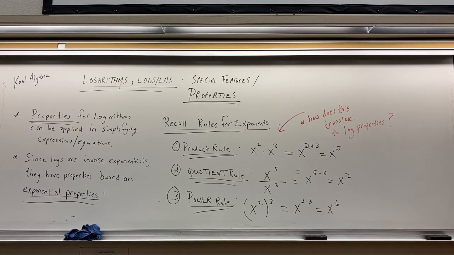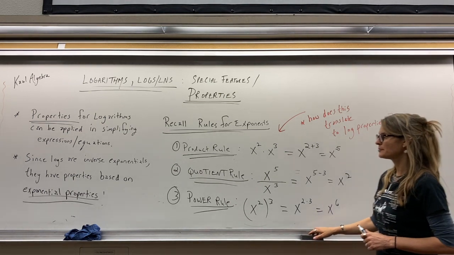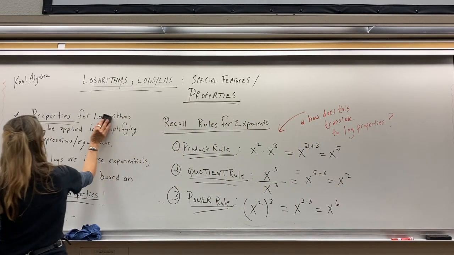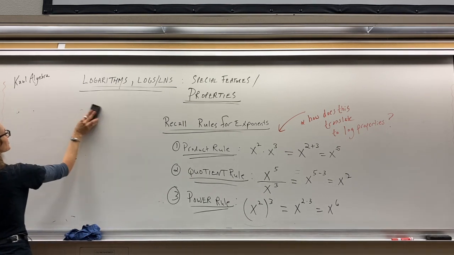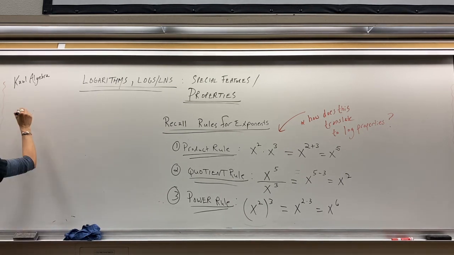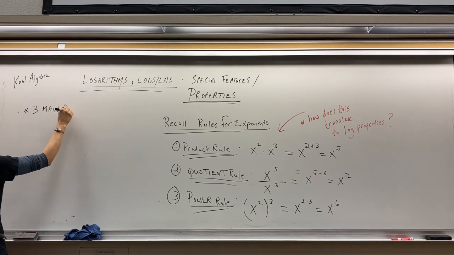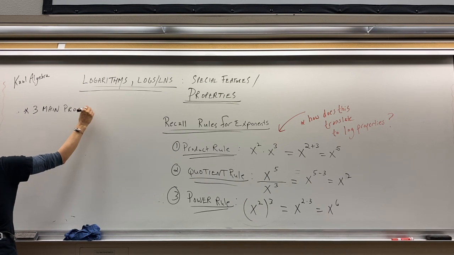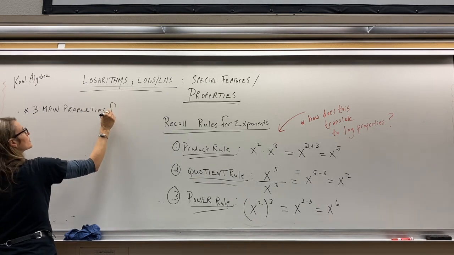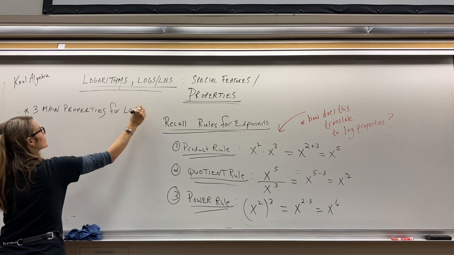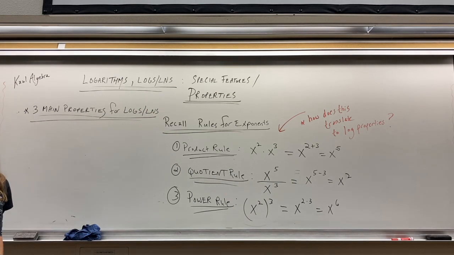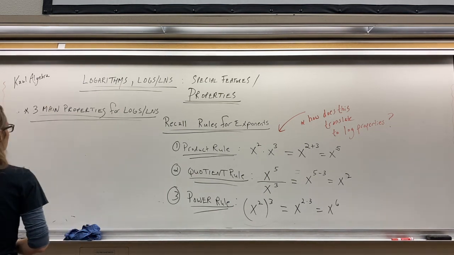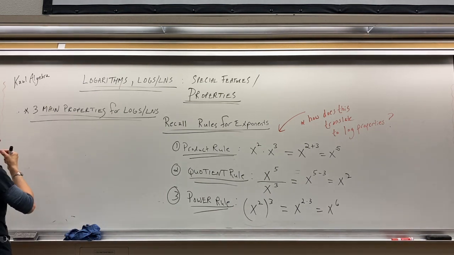We're going to have a product rule for logs, a quotient rule, and a power rule. Three main properties for logs. And when I say logs, I also mean the natural log under that umbrella. The three main properties for logs or ln are the same thing.